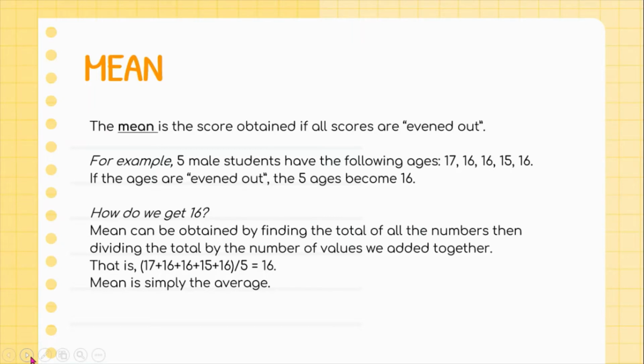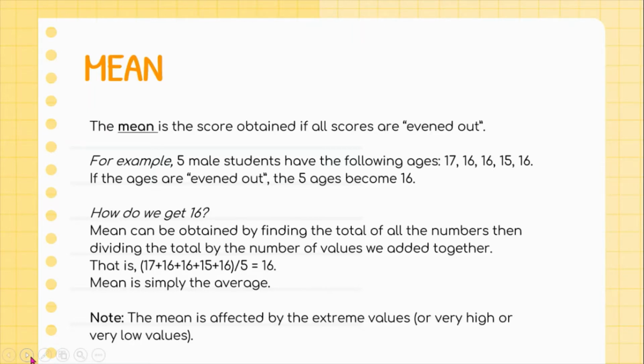Take note that the mean can be obtained by finding the total of all the numbers, then dividing the total by the number of values we added together. So that is 17 plus 16 plus 16 plus 15 plus 16, divided by 5, and that is 16. Take note that the mean is simply the average.